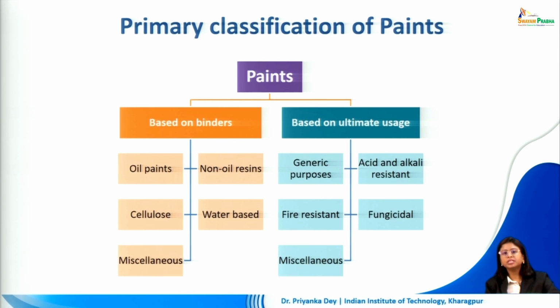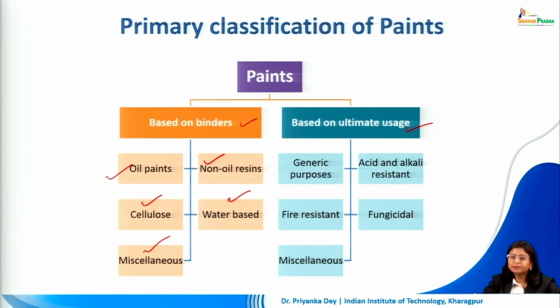Here we are going to deal with a lot of terminology, so it's best for you to note them down to keep track. Now, paints can be classified on the basis of binders or on the basis of ultimate usage. So, let's say we are classifying paints on the basis of binders, then we can use terms like oil paints, non-oil resins, cellulose, water-based and other miscellaneous types of paints.